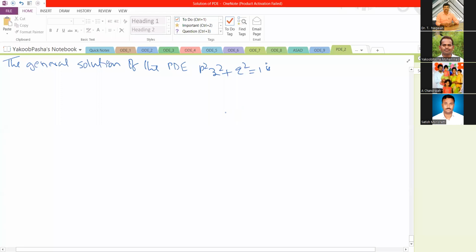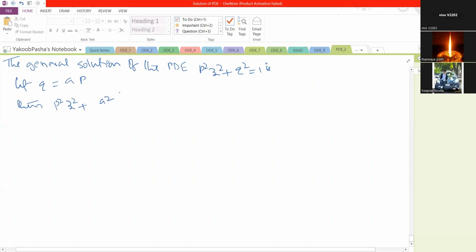Now, the options are lengthy, I'm not writing options. Here, it contains p, q, z only. So we have to take p equal to aq or q equal to ap. Taking p equal to aq and simplifying will be a bit lengthy, that's why we are taking q equal to ap. I have to remember this problem.